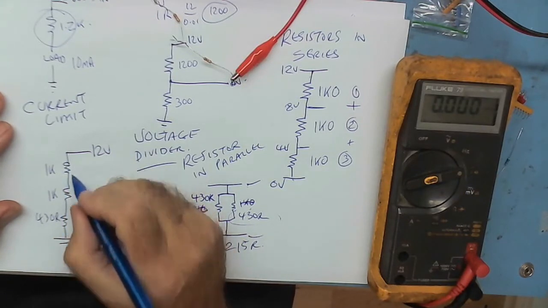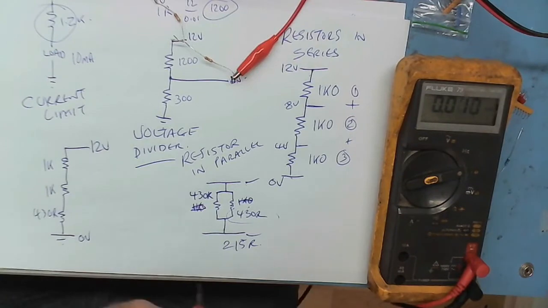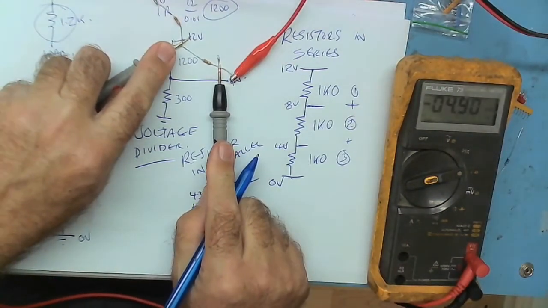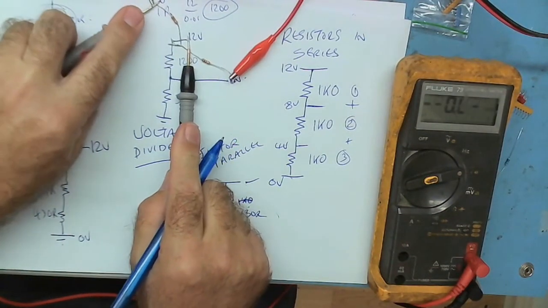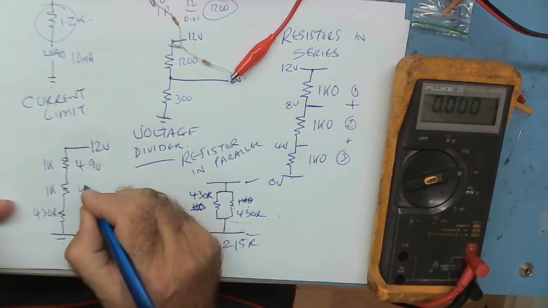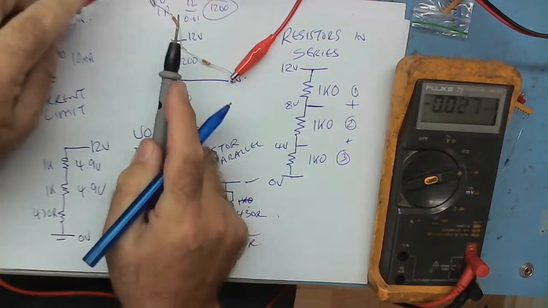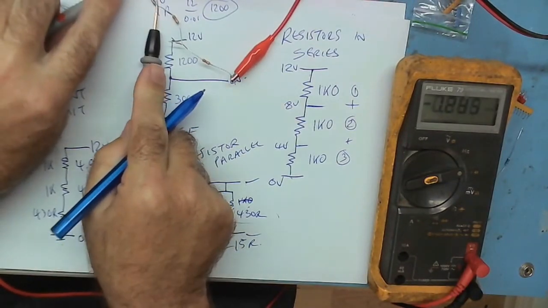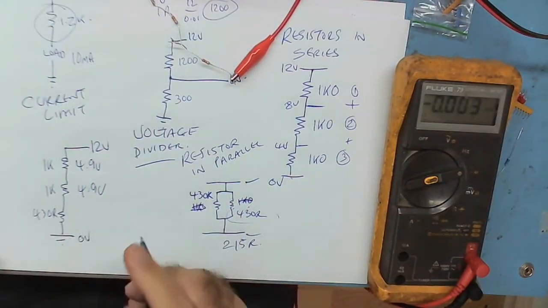And here now we had, was it 2.9, 3.9? Let me measure it again. 4.9, 4.9 volts, 4.9 volts, and the last one is 2.1. Yeah.